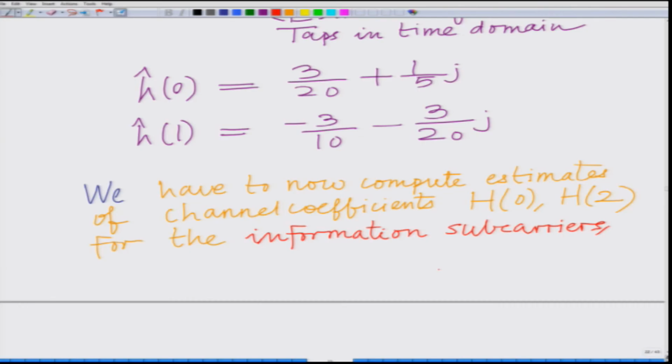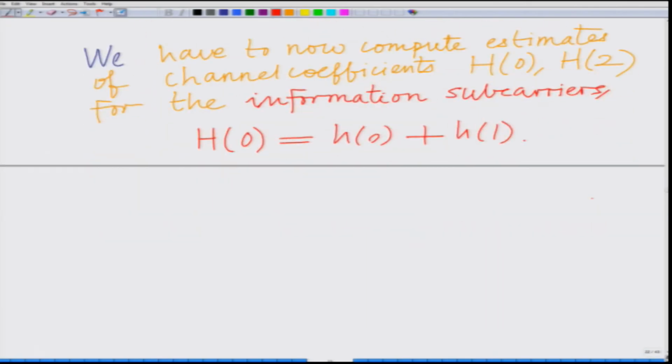And therefore, these can now be determined. We have seen that capital H hat 0 equals small h hat 0 plus small h hat 1. That is what we have seen yesterday, that is, H0 is the 0th point FFT of the zero-padded time domain channel taps h0, h1.